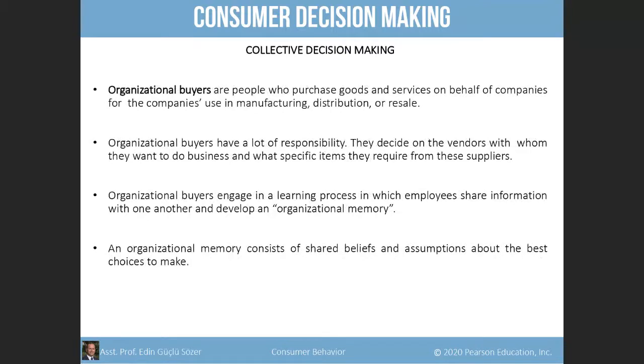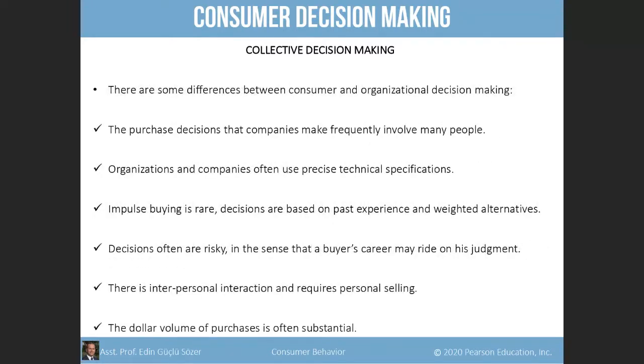Organizational buyers are also important. In organizational buying, we have companies, and it is a process. There are many people in the process, and of course, these many people decide together to buy something. The evaluation criteria generally are the technical specifications of the product, and impulse buying is even impossible.